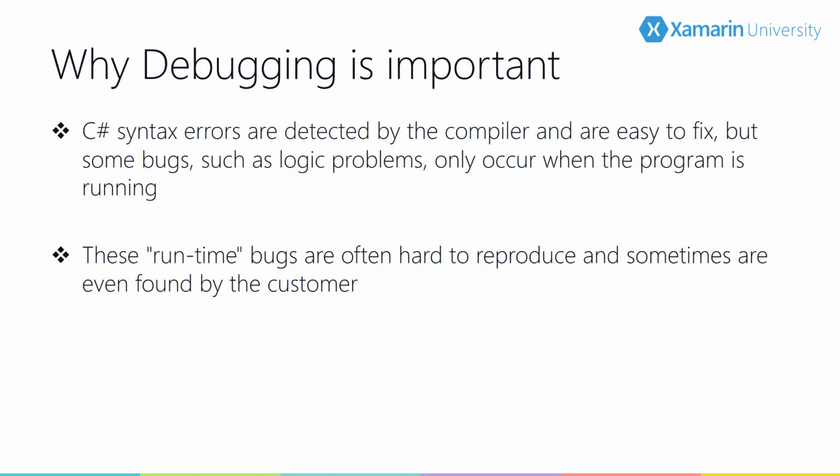So the C# compiler will actually help you find syntactical issues and common problems, because errors in your source code cause the compiler to fail, but the C# compiler also produces warnings which indicate that the code can be compiled and that it's valid, but it's not necessarily correct.